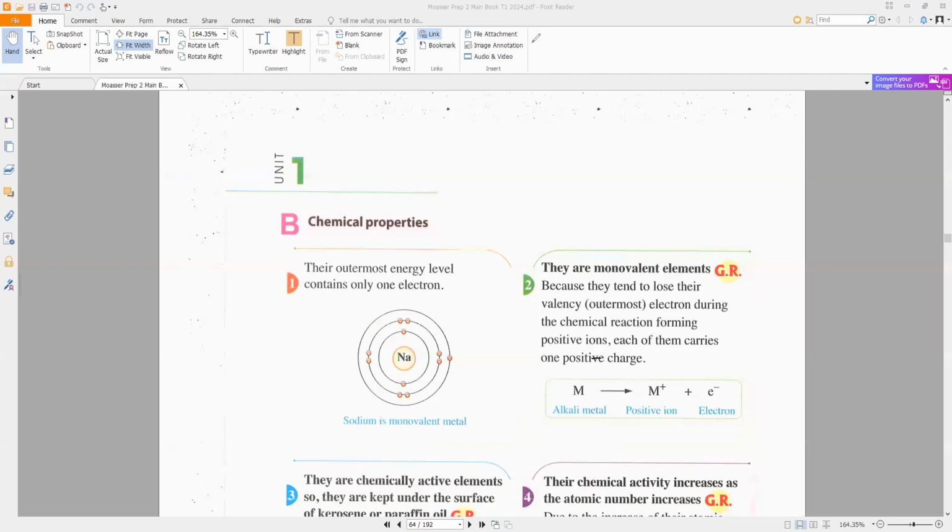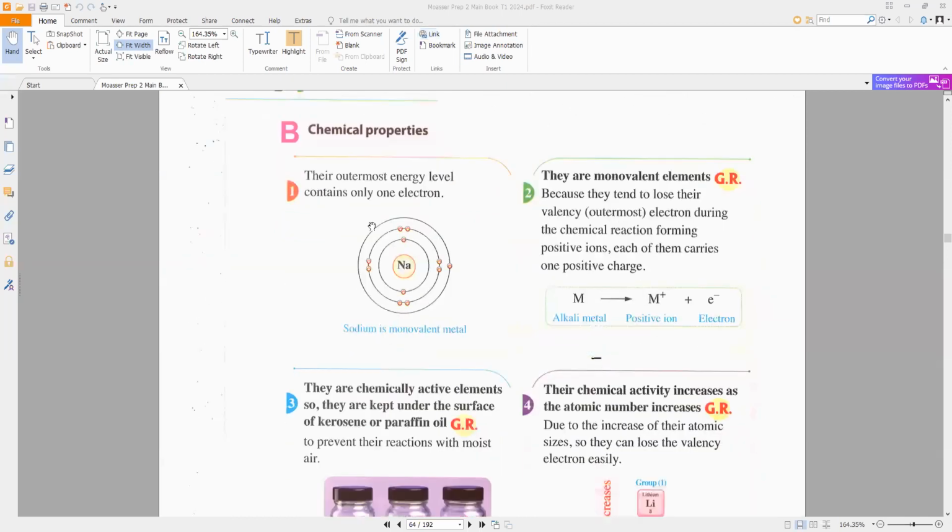What about chemical properties? How does it react, how does it enter a chemical reaction? We know that group 1A is called 1A because it has one electron in the outermost shell. So all of group 1A has one electron in the outermost shell, so they are called monovalent.